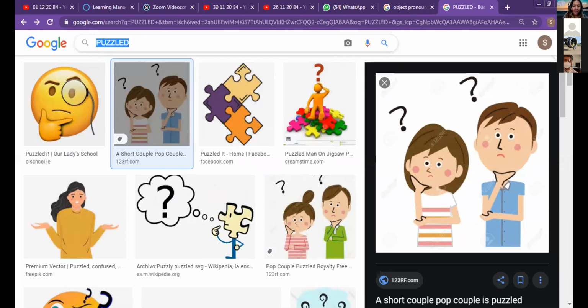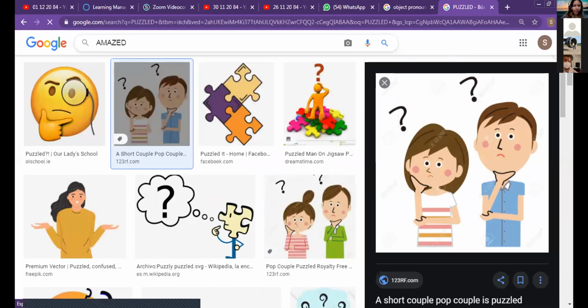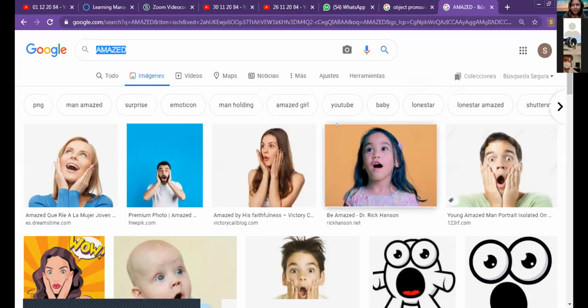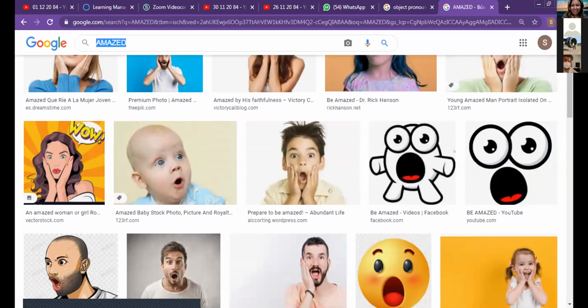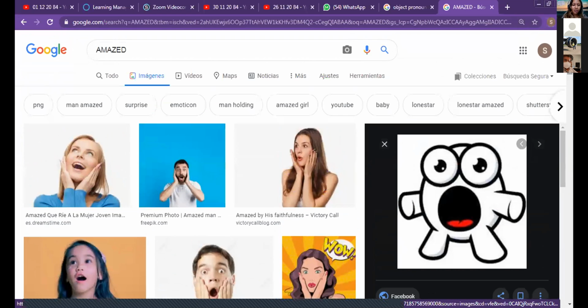Now, amazed. Puzzled is a verb. It is an action. Now, amazed is an action as well. What's another verb you can use instead of amazed? Another verb? The other synonym for amazed starts with S and it continues with U. Surprise.